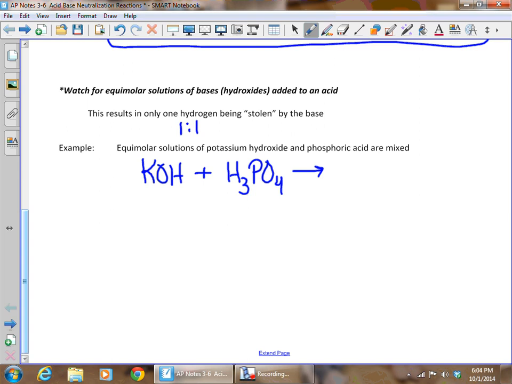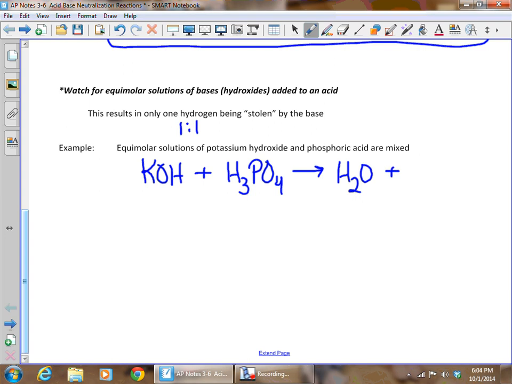If this is a one-to-one reaction, we're going to flip-flop potassium and hydrogen. But think about it. If we flip-flop potassium and hydrogen, we can only flip-flop one-to-one. We've only got one potassium, so we can only get one hydrogen off. So we're going to end up with our HOH, or H2O.